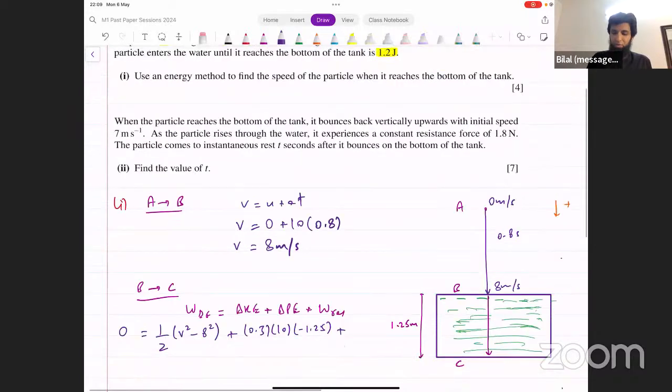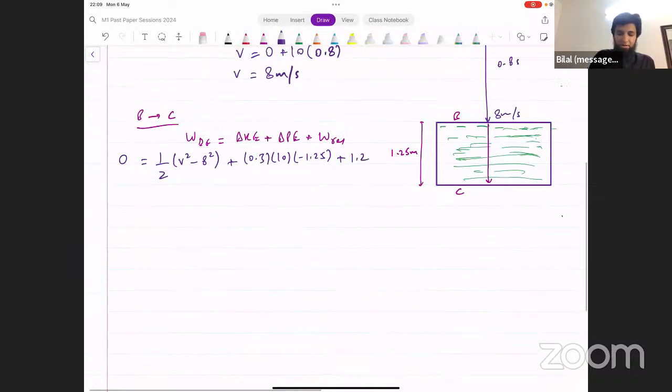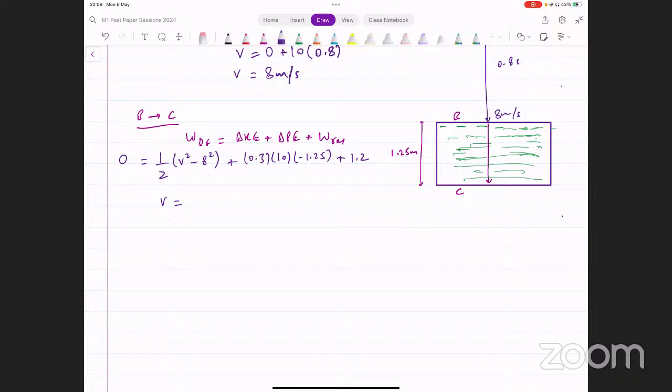That's 1.2. And you can see what that turns out to be. What's the value of V that we get from this? Anyone? What value of V do we get from this? Where did my calculator go? What's the value of V that we get?